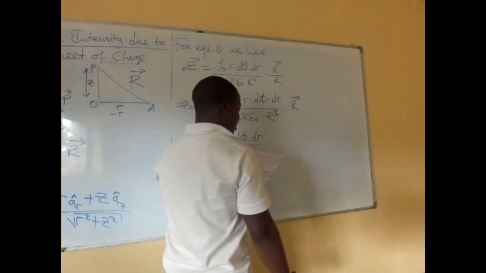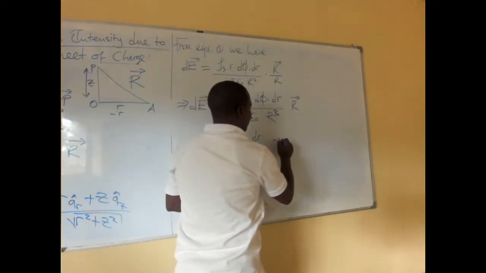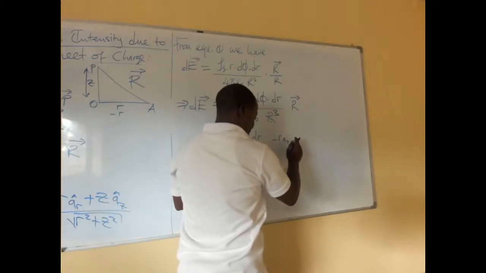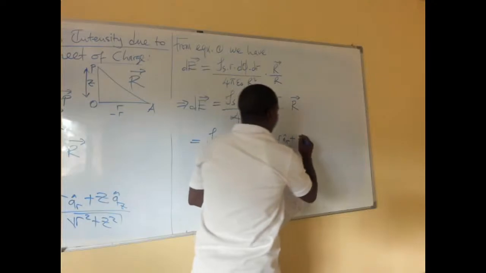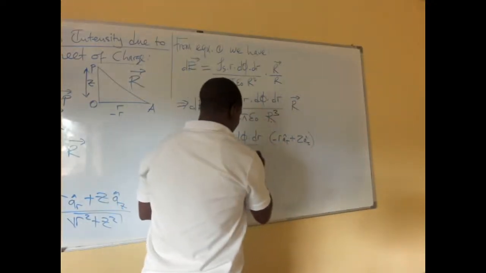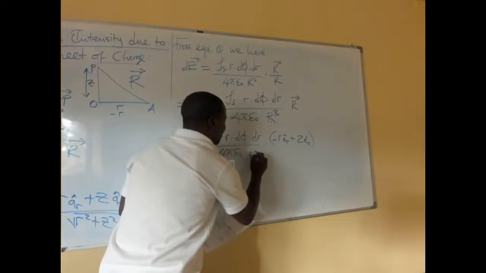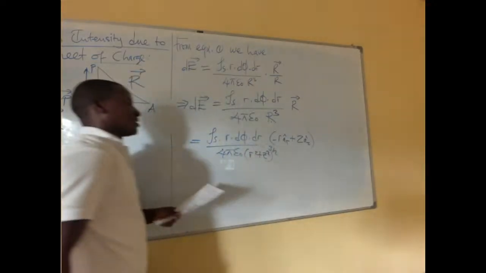Of course, this r vector is the same as minus r ar as a unit vector plus z az as a unit vector. Of course, this r cubed becomes r squared plus z squared to the power 3 over 2, like that.